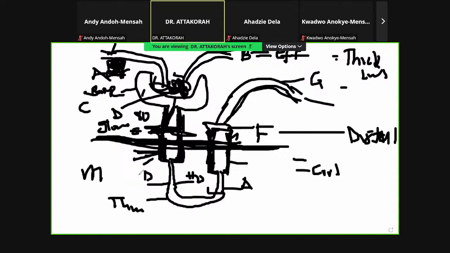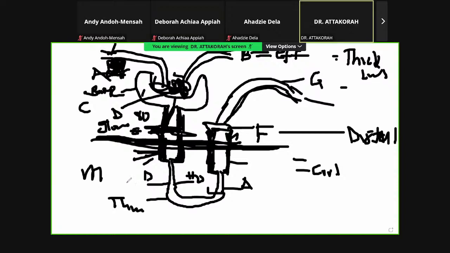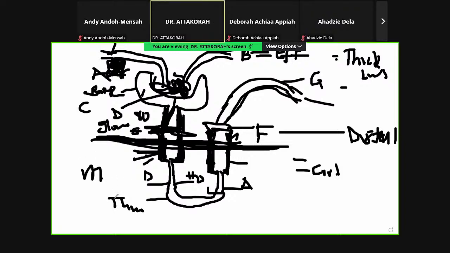The medulla will have higher concentration, and therefore there will be an osmotic gradient.